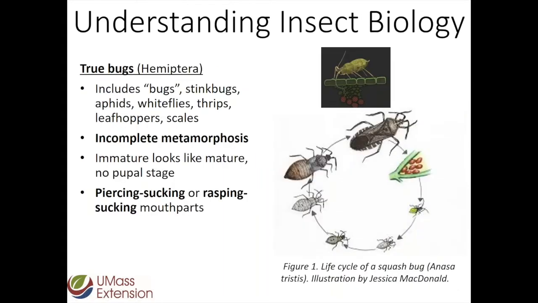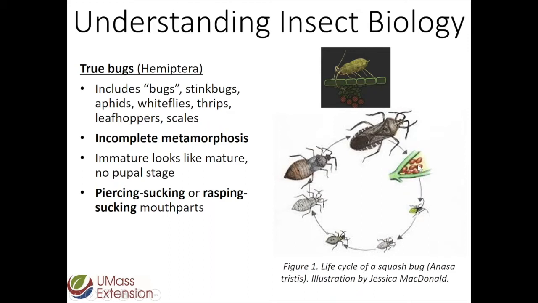in contrast to the true bugs. Things like squash bugs, stink bugs, brown marmorated stink bug, and also aphids and thrips and leafhoppers. These have incomplete metamorphosis where the immature stage looks a lot like the adult stage. Often there are eggs, but not always.